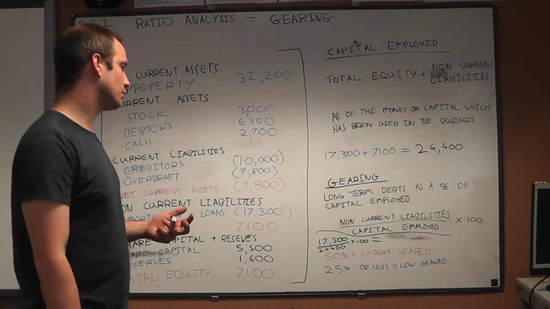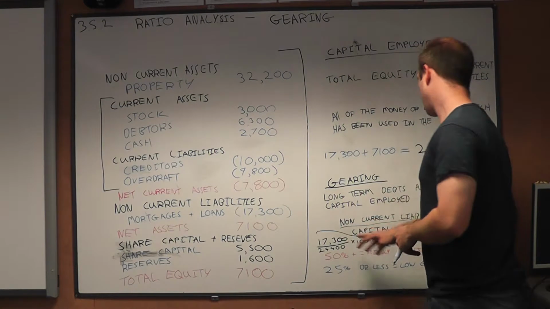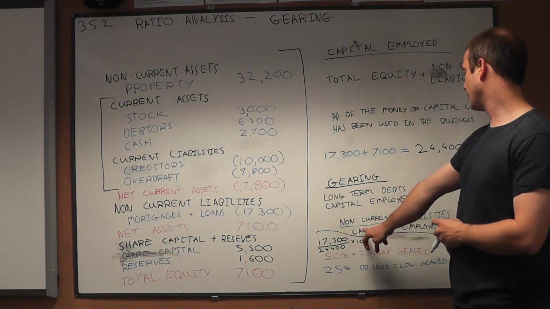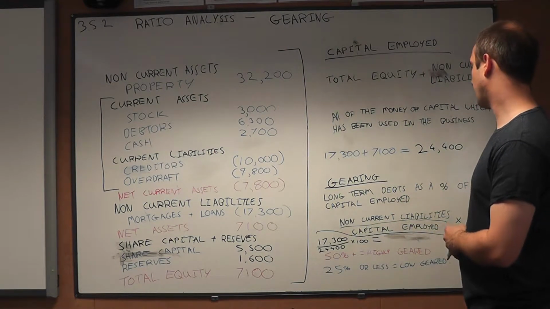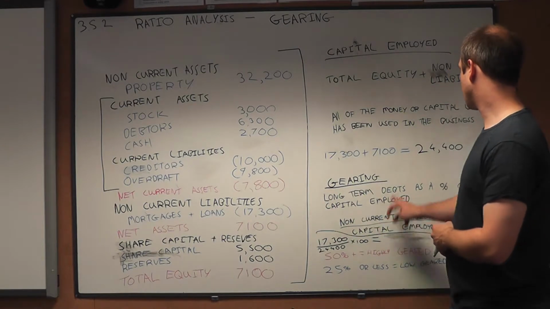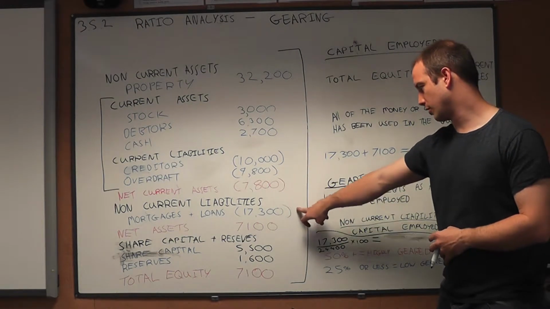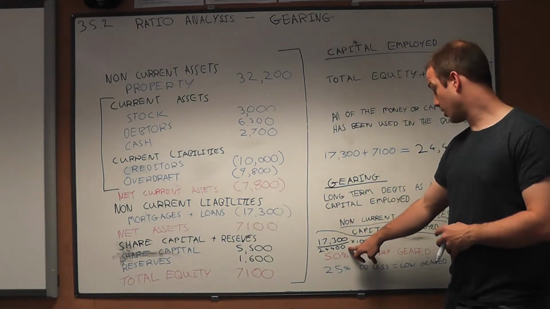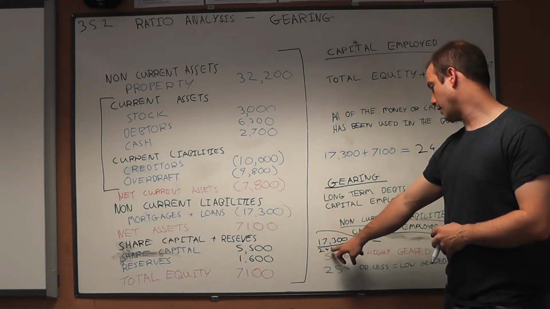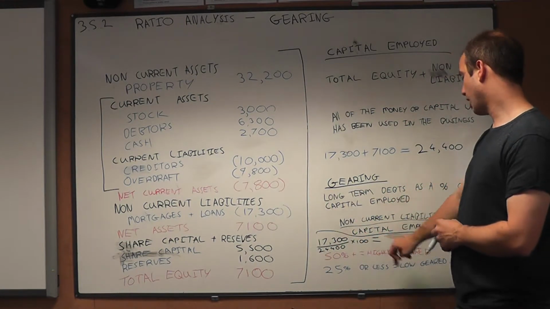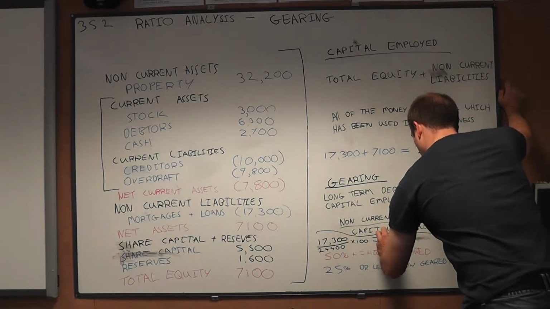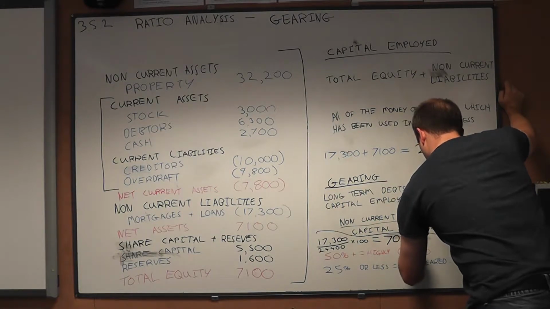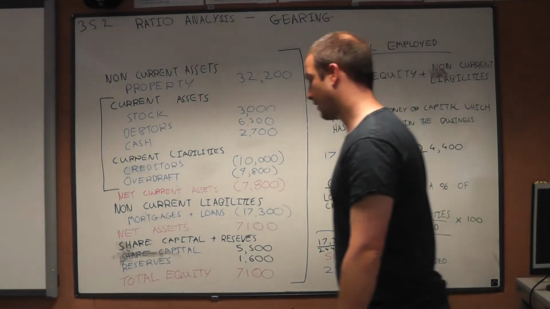We use this equation here: we take our non-current liabilities and divide them by our capital employed and then multiply by 100. So we've taken our long-term debts, 17,300, and divide it by our capital employed, 24,400 million, and then times 100, which gives us 70.9%.